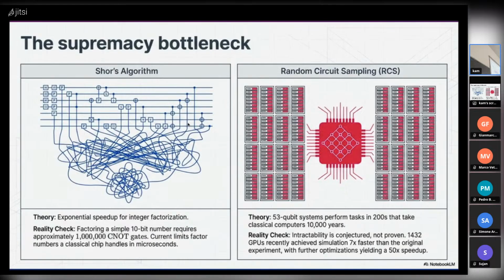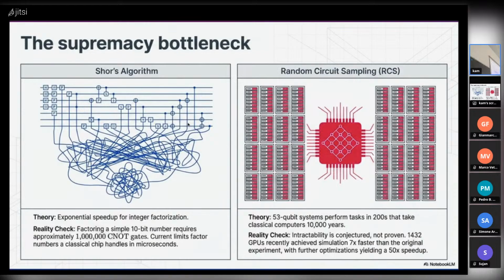But after some years, very smart people in the world, using 1,432 GPUs, did the same task 7 times faster than the original experiment. Then with further optimization, because they have many GPUs, they got another speedup, so around 7 times 50 speedup.